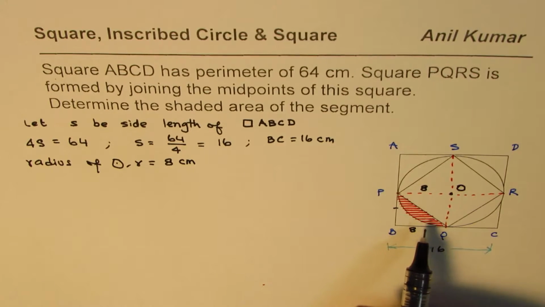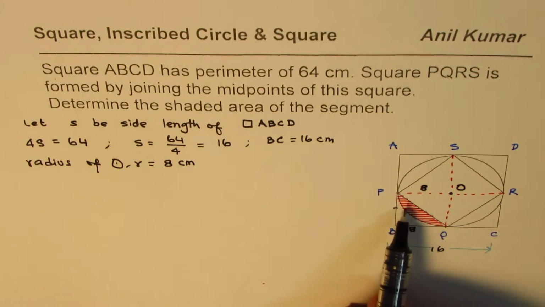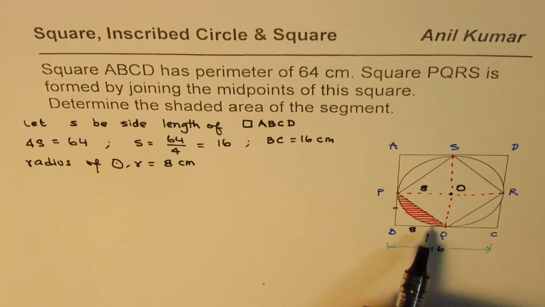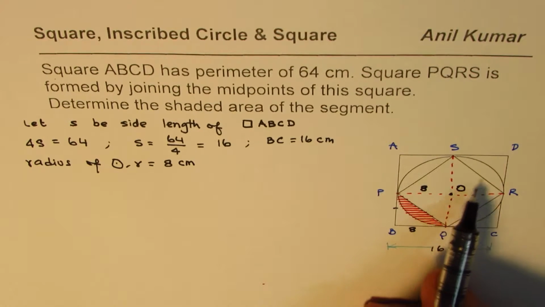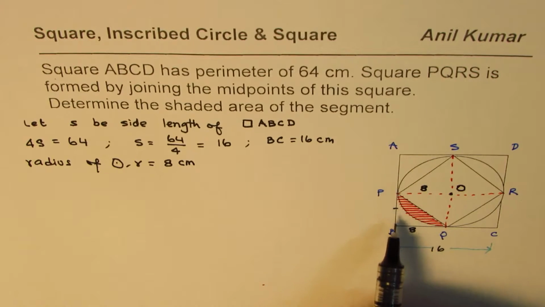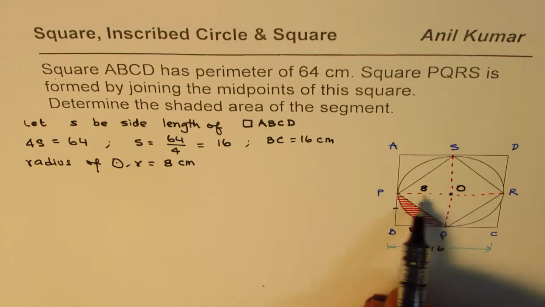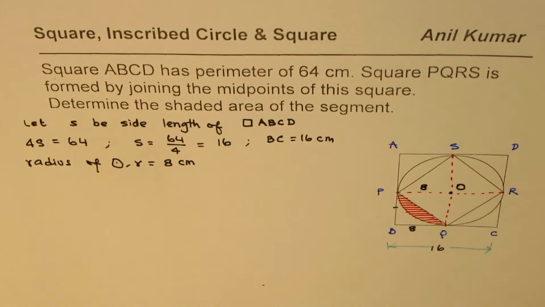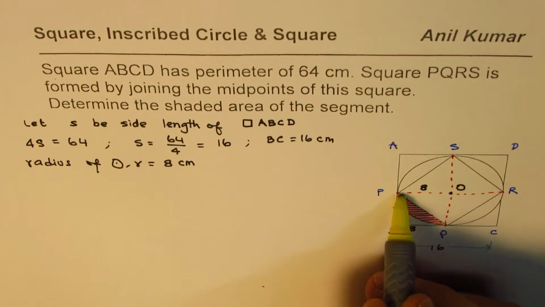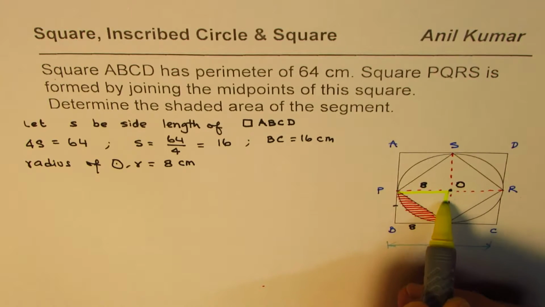Now to find the area of the shaded portion, which is also called the segment, what should we do? We can find the area of the circle and divide by 4 to get the area of the sector. You understand? So we'll find the area of the sector, which is all this area.